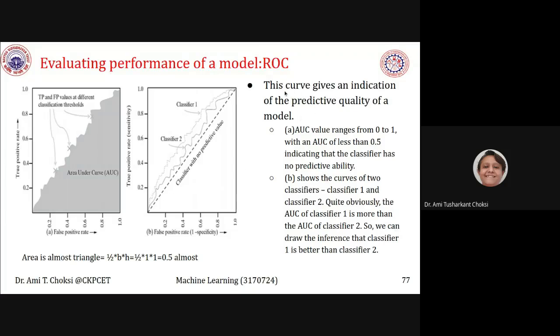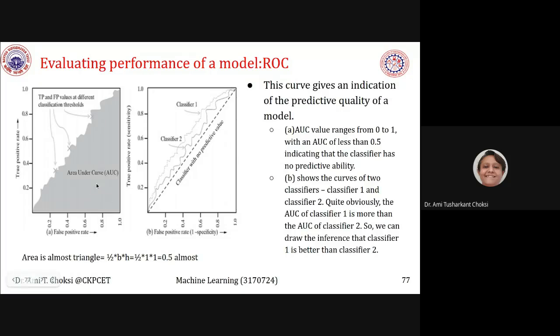Now, this curve gives an indication of the predictive quality of a model: how good a model can be at predicting. AUC, area under the curve, ranges from 0 to 1.